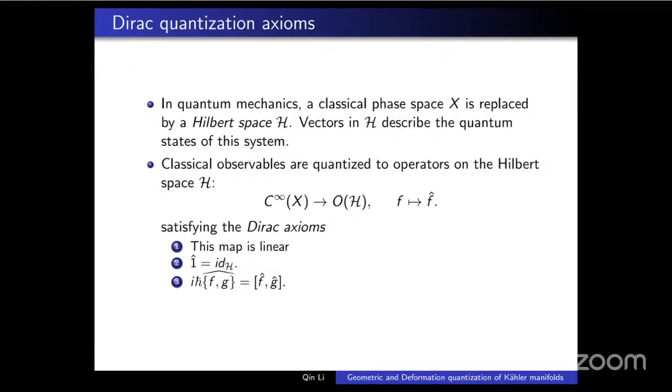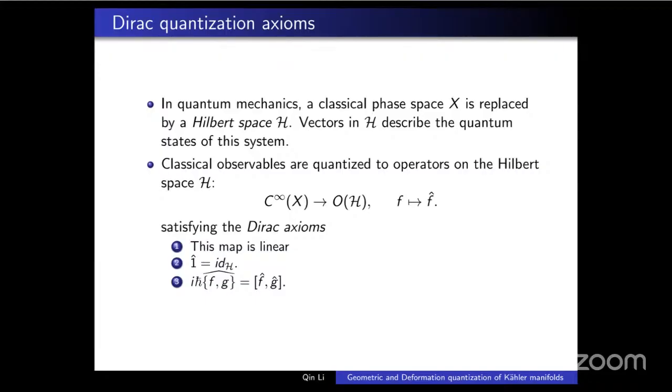And it should satisfy the following Dirac axioms. This assignment is linear. That's the first requirement. The second one is that the constant function 1 should be mapped to the identity map of this Hilbert space.